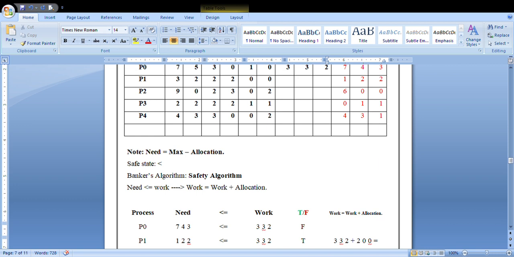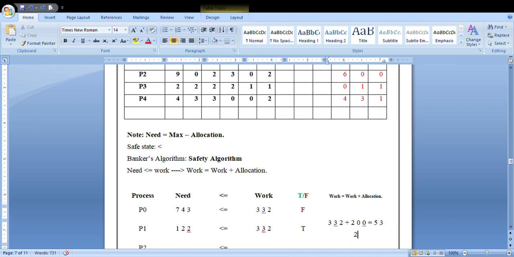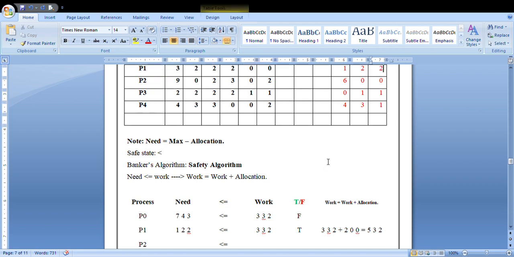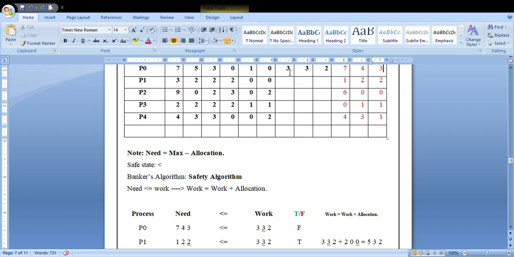What is the value now? 532. This is the new available value. You need to update this new available value in the table. Now you scratch out the old one. The new available value is 532.